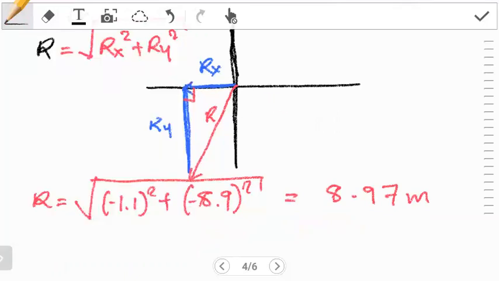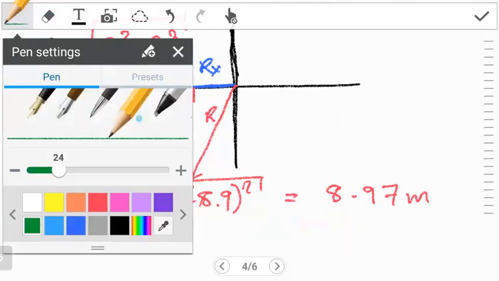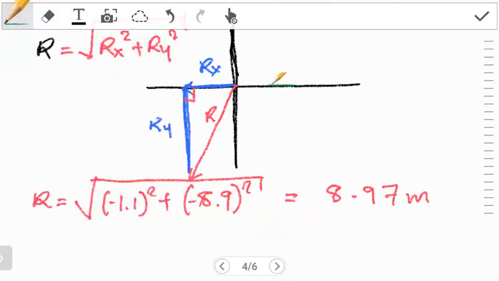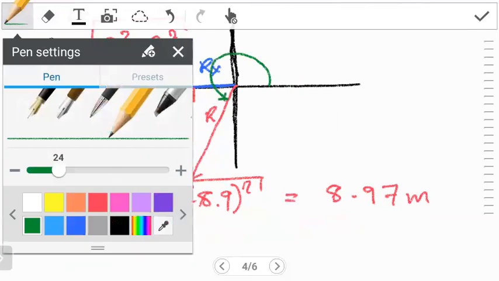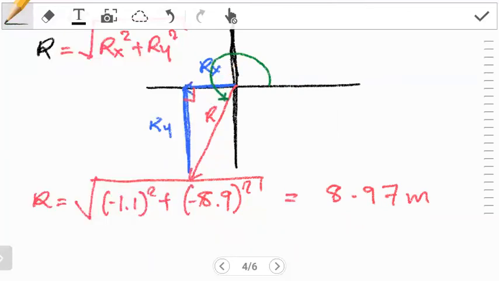In this case, since angles are always measured anti-clockwise from the positive x, we can give the direction from here until we reach our vector, or we can give our resultant as just this. But to find it here, since we know what Rx is and what Ry is, we can find this angle by relating these two sides.